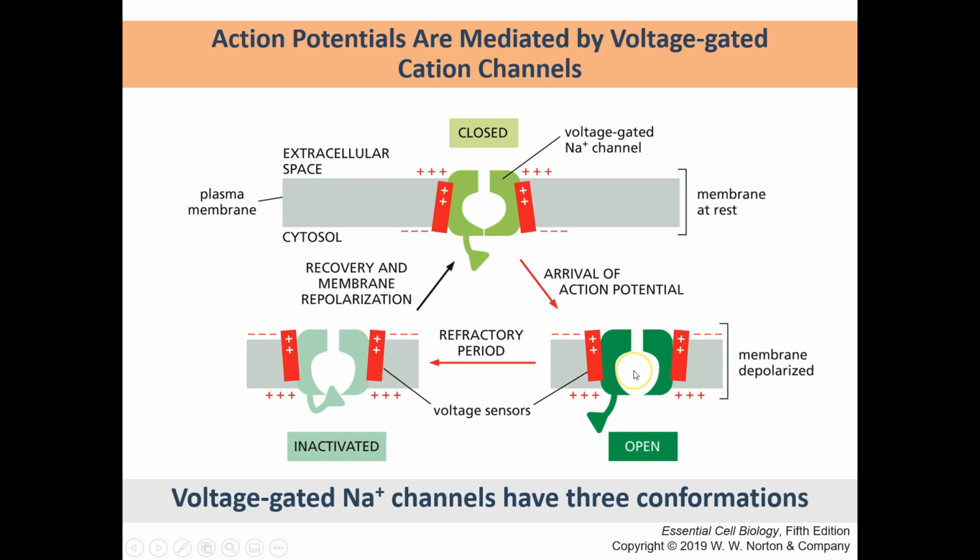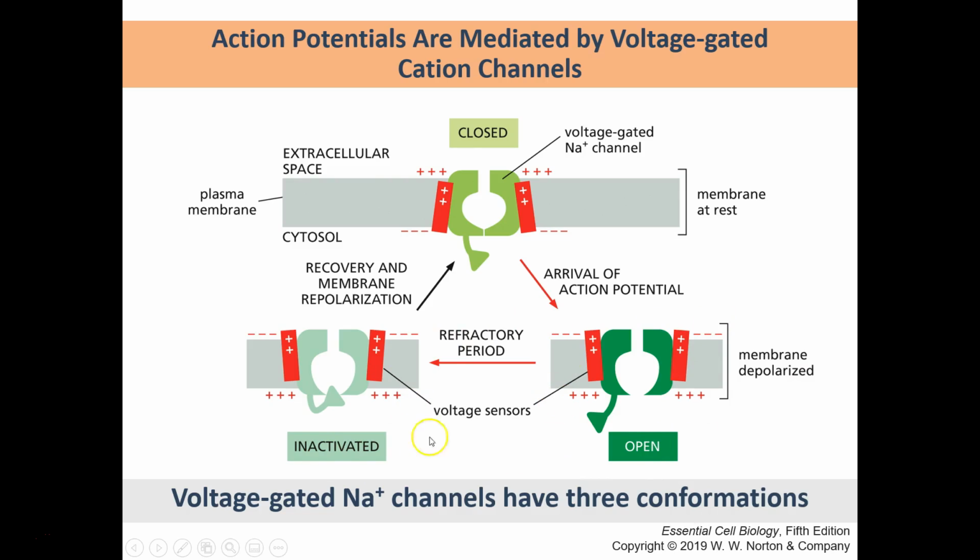And when they are in the inactivated state, they cannot be activated at that time to restart the action potential anymore. So when a membrane is at rest in a typical condition, the channels are closed. When the membrane is depolarized, when they receive an action potential and when they get activated, they are going to be open. So they're going to allow for influx of these sodium ions into the cell.